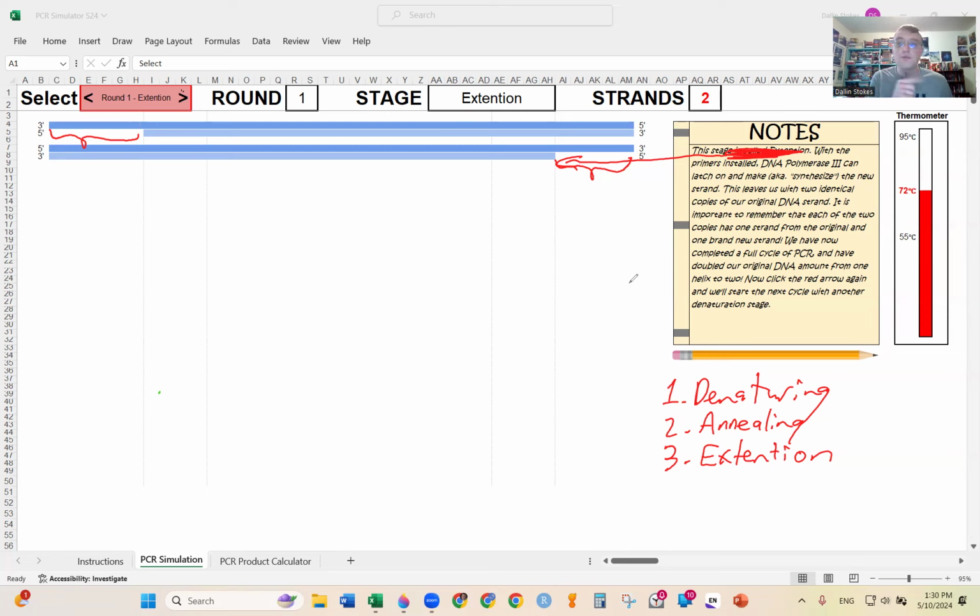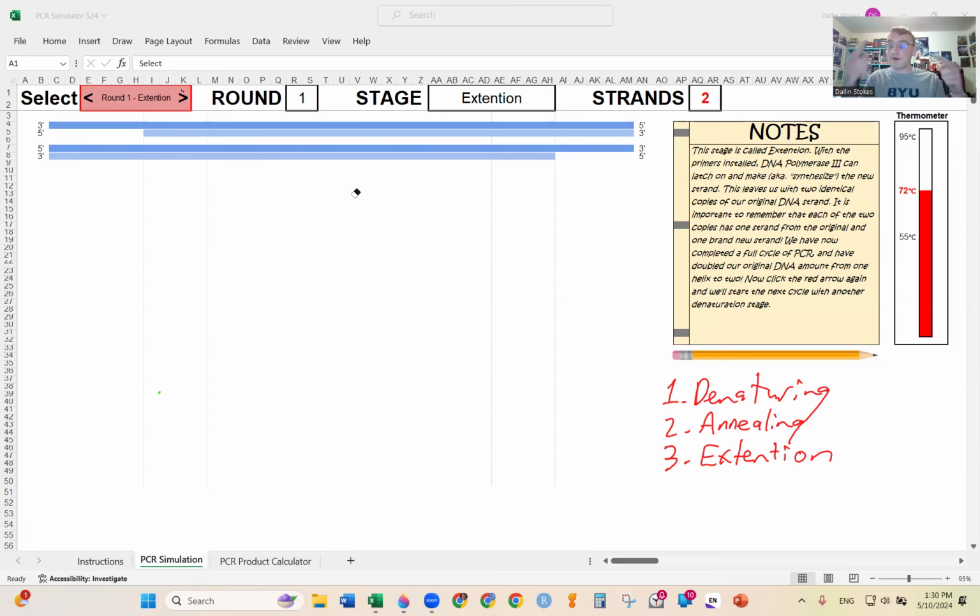As long as my 2 primers are sitting on either side of the sequence that I want copied, we're going to be fine. And I'll show you that here in a sec. It'll actually become important here in a sec that we didn't copy anything before the primers. So be aware of that. Okay.